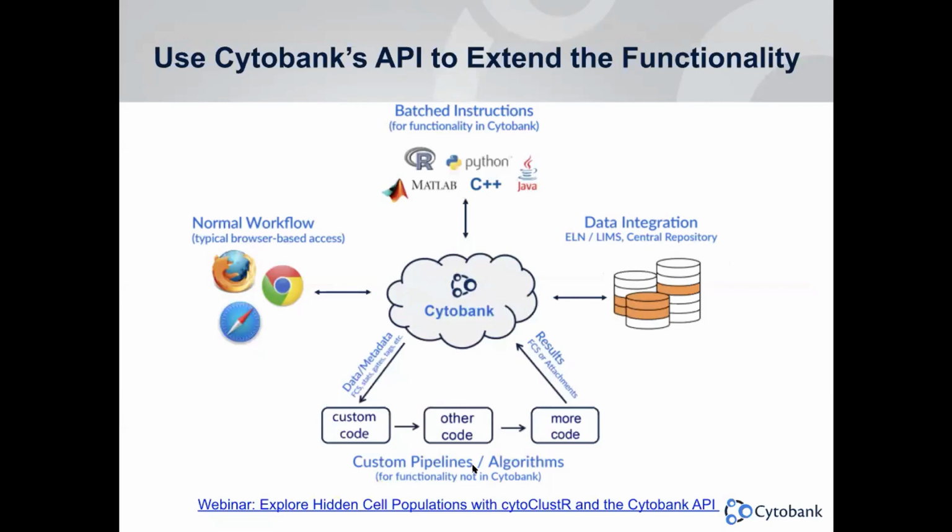Or you can build customized pipelines. In this case, you can build the CytoCluster R algorithm, which is not available in Cytobank, but you are able to interact with the data within Cytobank through the API, and after you're done, you can feed the results back to Cytobank. So there's a lot more you can do with Cytobank with this API.